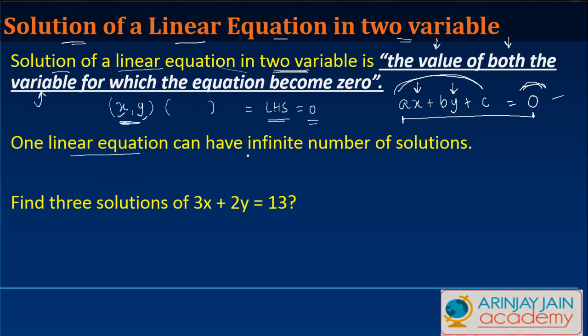One linear equation can have infinite number of solutions. Now this is interesting. What we are trying to say is that for every linear equation, there can be an infinite number of combinations of x and y for which the left hand side can become equal to the right hand side.